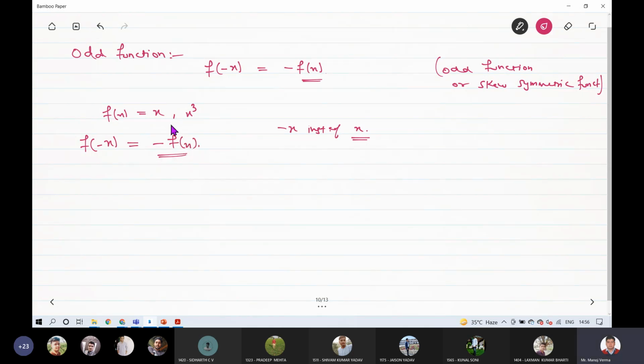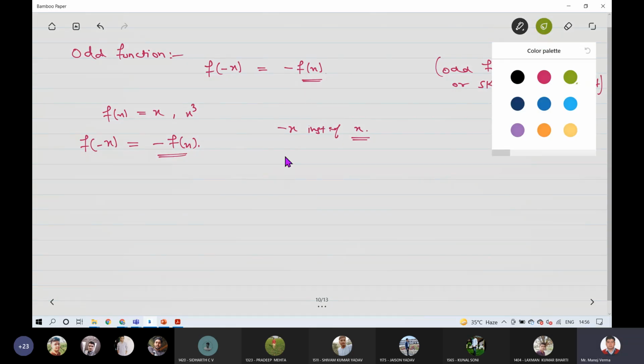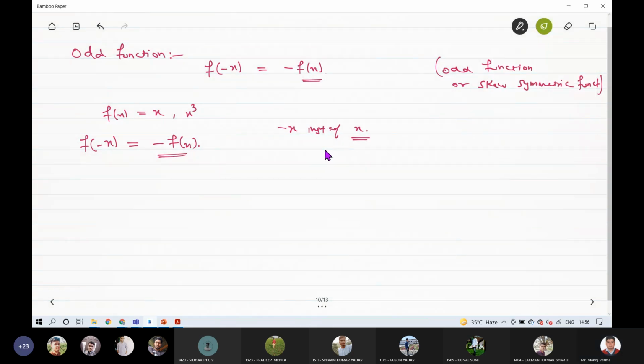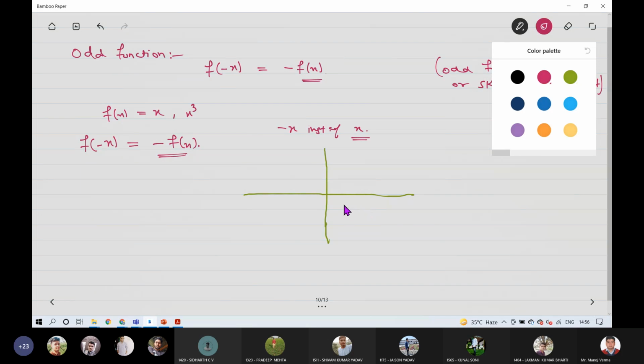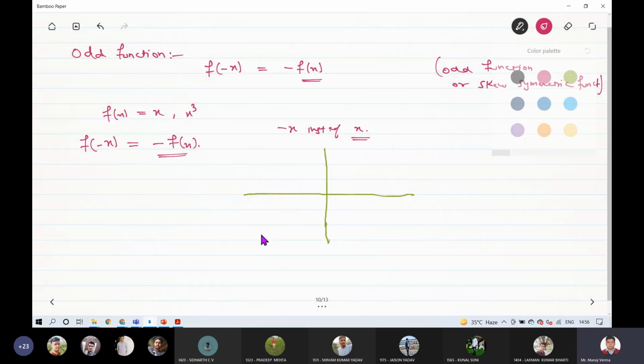If I plot f(x) equal to x, it will be a straight line passing through the origin.